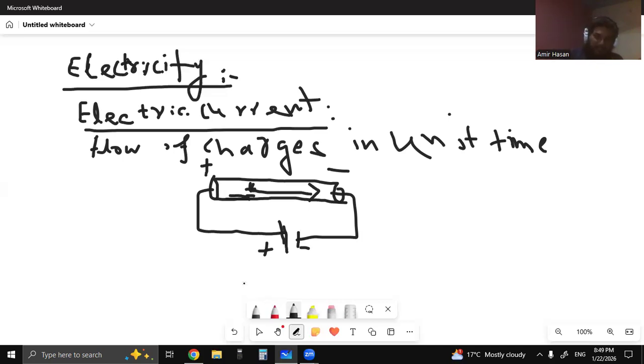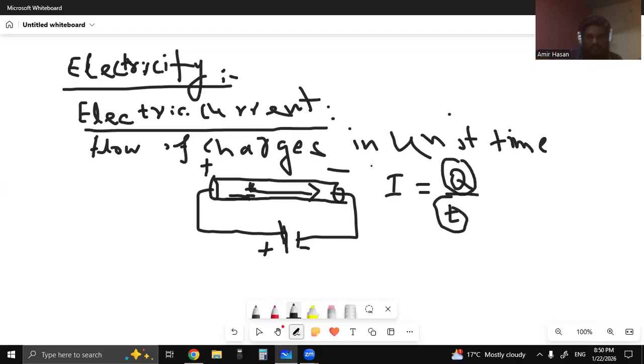Now, what is the formula for electric current? Current is denoted by I, and it is equal to Q upon T, meaning the charge flowing per unit time.